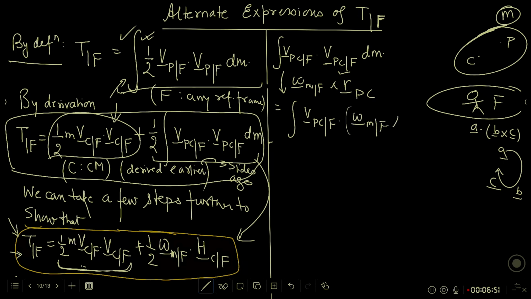Let it be A, B and C. I want to change A to B, B to C and C to A. Pull omega MF outside, you get RPC cross VPCF.